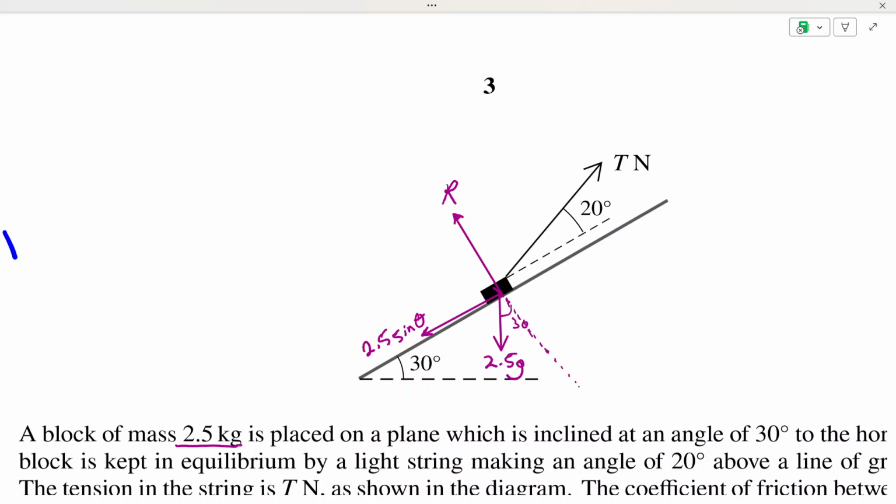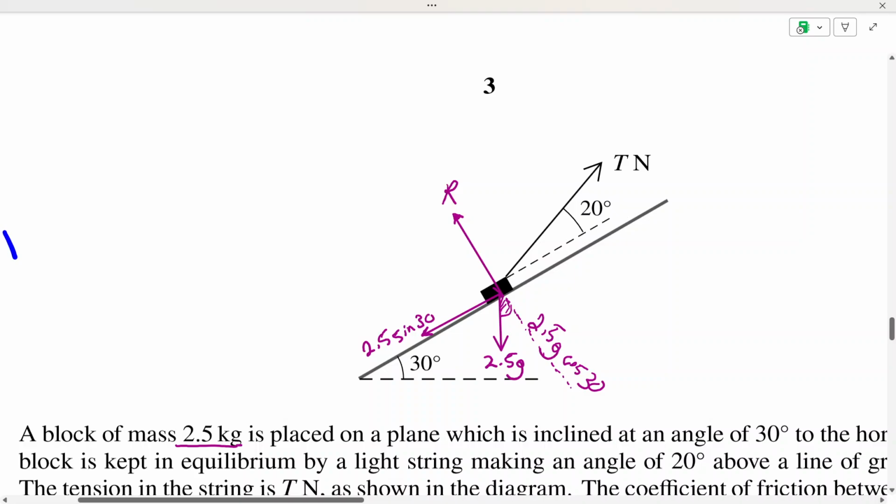Then we just know that this angle is 30 degrees. Then the weight component acting at 90 degrees to the slope is going to be equal to 2.5 g cos theta. You're just resolving it again. In this case it's 30, so this should be 30, like that.